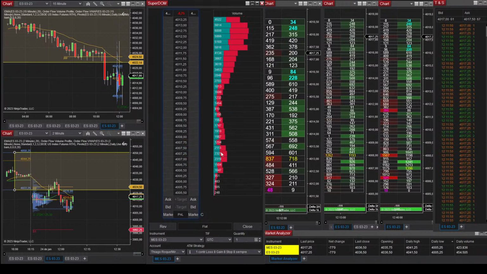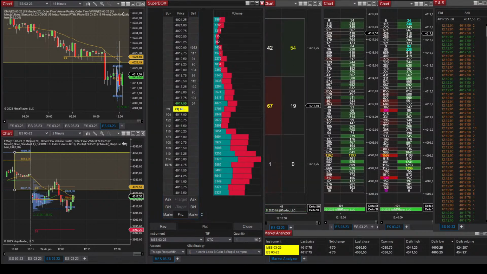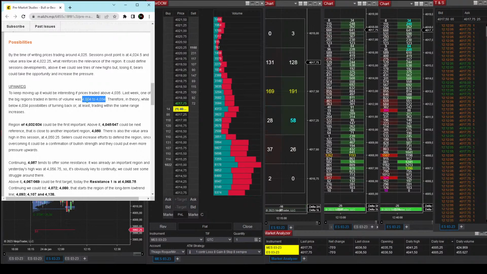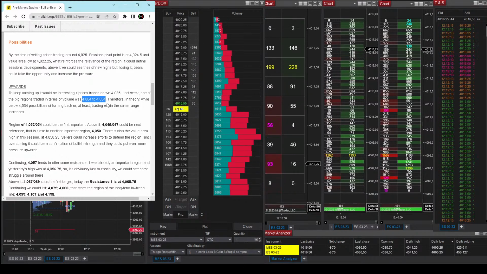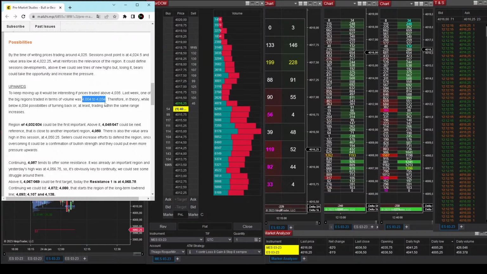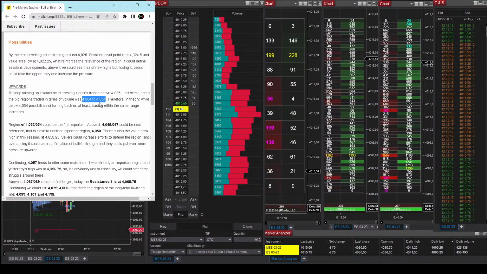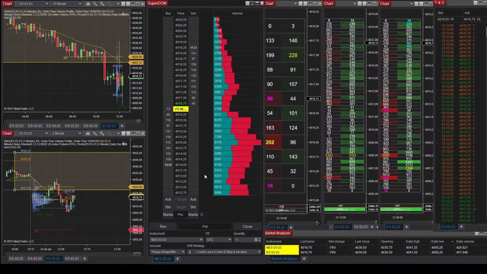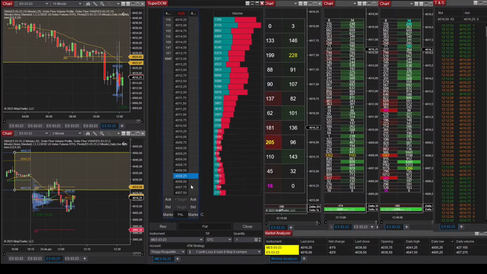We could not say about moving down here, but as I've mentioned before, we have this session from 34 to 004. It would be important to overcome the 4034 to keep the possibilities of the upward move, but failing to reach there, as happened, could lead to a move until the 4004, okay?